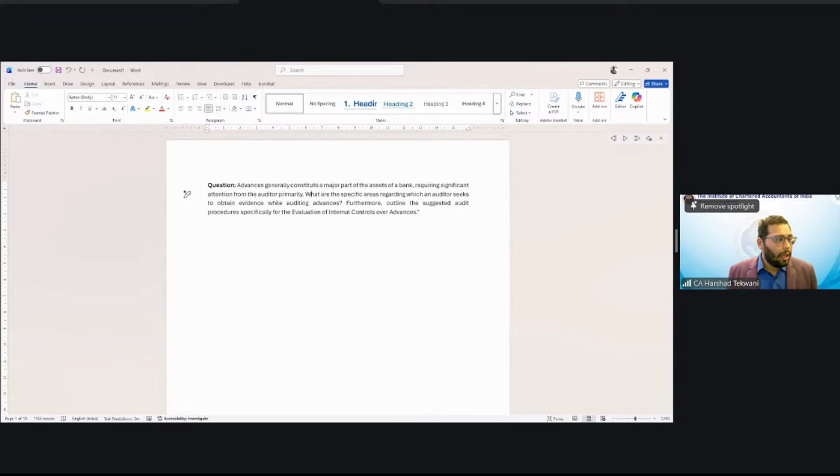Okay, now tell me, how will you audit? Okay, Ayush, very good. One is the classification of advances. Yes. What else? What is the other area that you will look into? What are the other areas for which you will go for the evidences? Anyone?